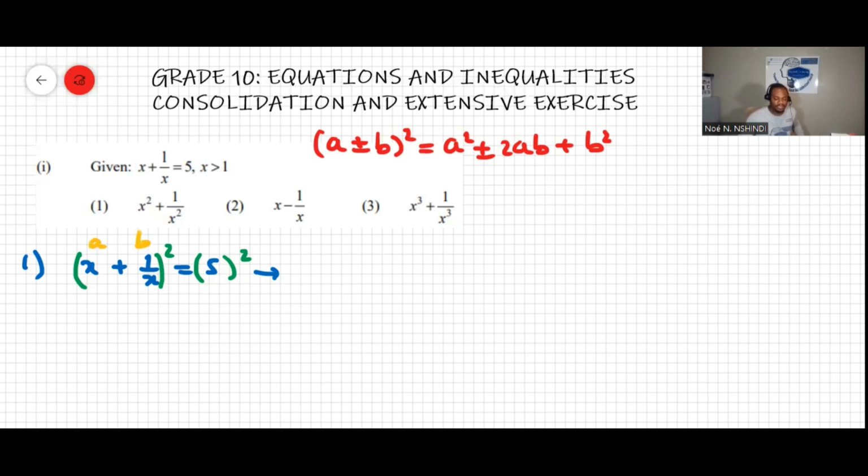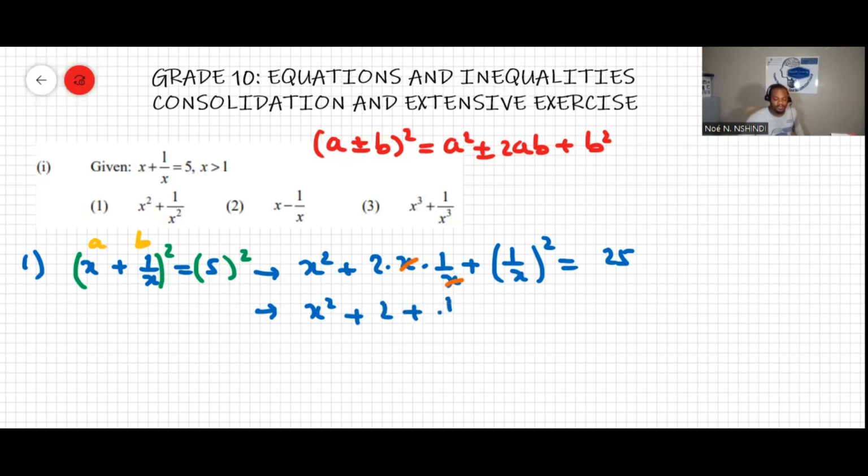So this would be x squared plus, because we're using the plus, we're not going to take the minus, plus 2 times x times 1 over x, plus 1 over x raised to the power of 2, equal to 25. Now this will be x squared plus, here x and x can be simplified, so we have plus 2, plus 1 over x squared equal to 25.